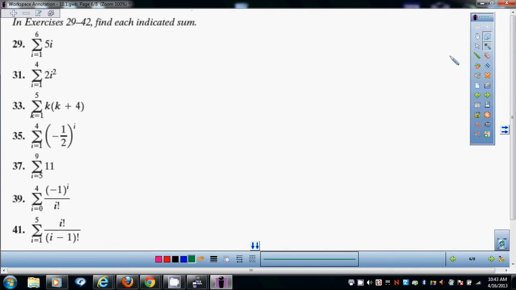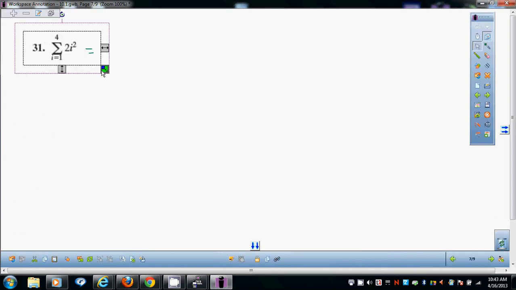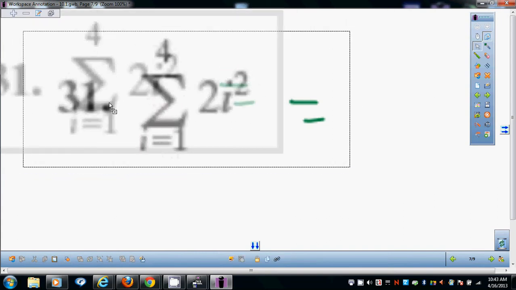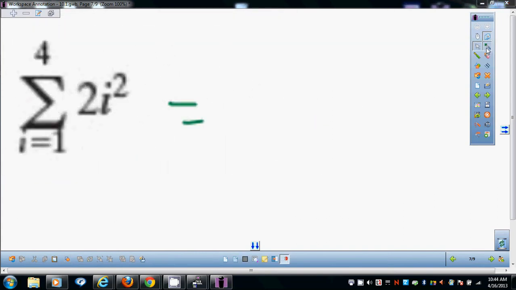So, number 31. Let's just do that one. That's going to be 2 times 1 squared plus 2 times 2 squared plus 2 times 3 squared plus 2 times 4 squared.